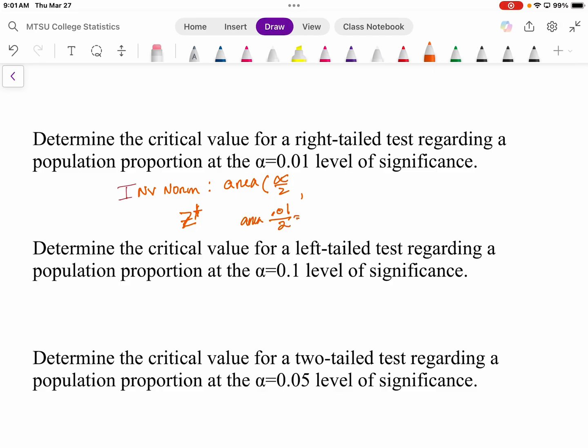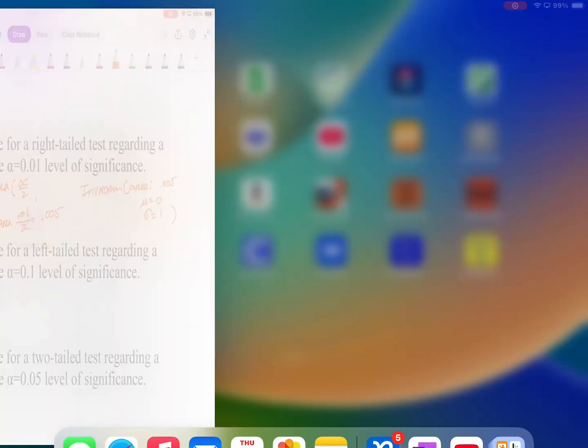So what's 0.01 divided by 2? It's 0.005, I believe. So we have inverse norm. The area is 0.005. Again, we're doing z, so that means the mean is 0 and the standard deviation is 1. And then let's grab our handy-dandy calculator.